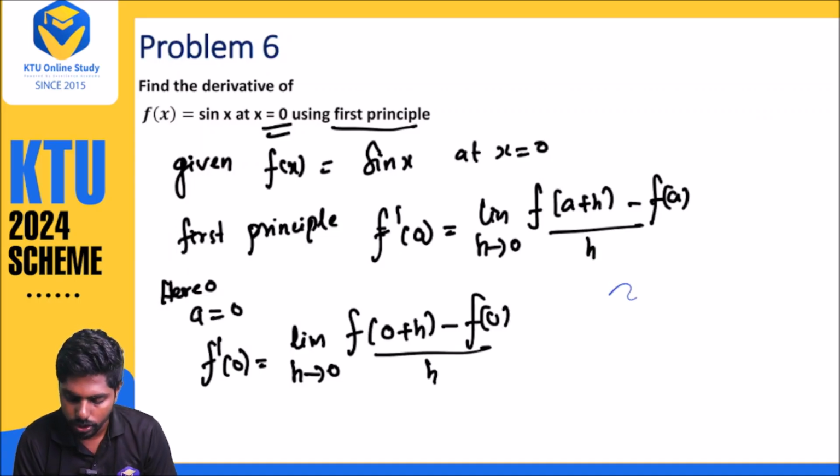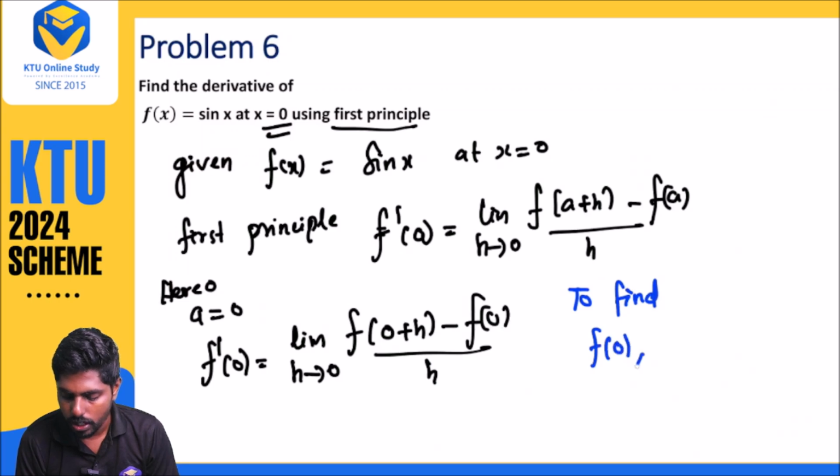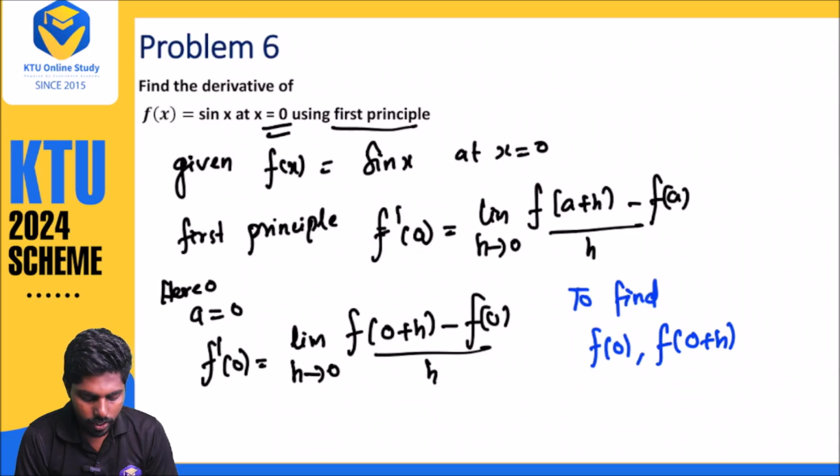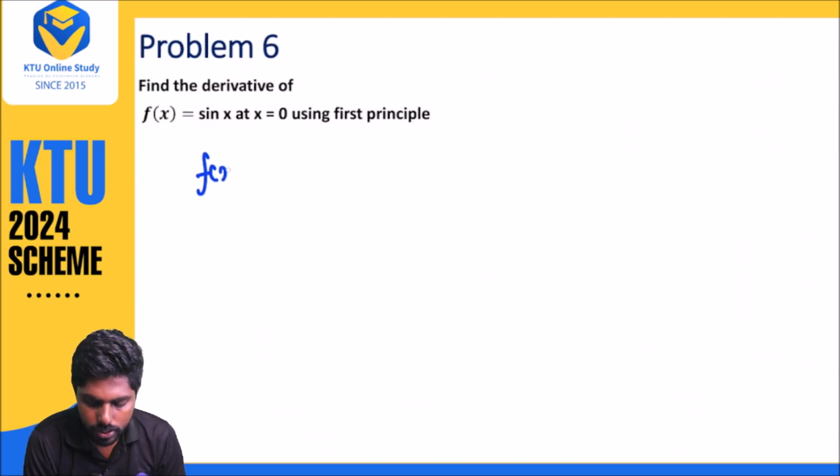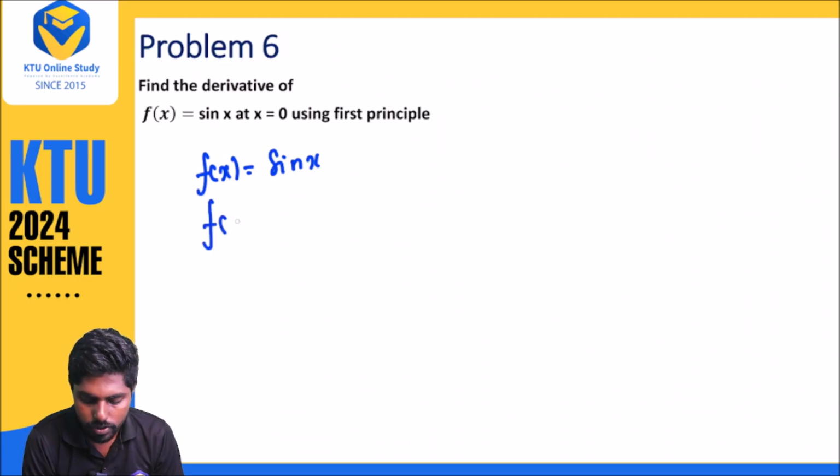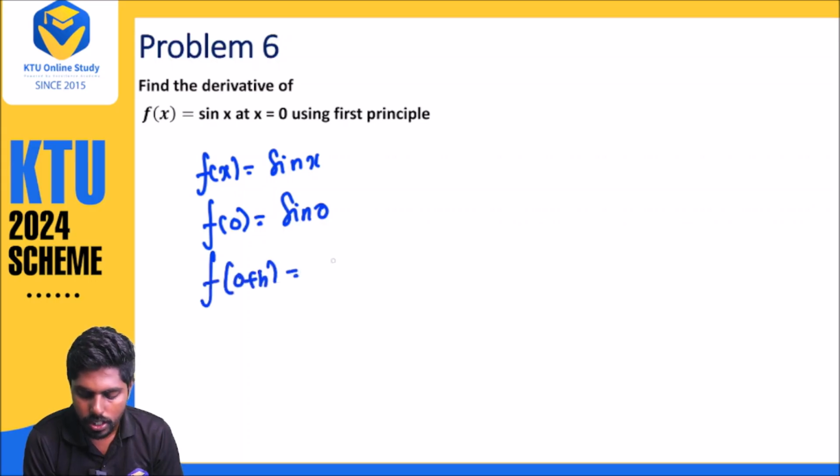We want to find f of 0 and f of 0 plus h. Just replace it. What have they given as f of x? f of x is equal to sin x. So f of 0 is sin 0, and f of 0 plus h means sin 0 plus h.